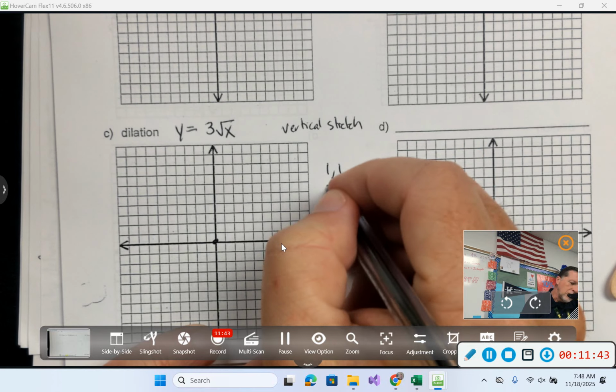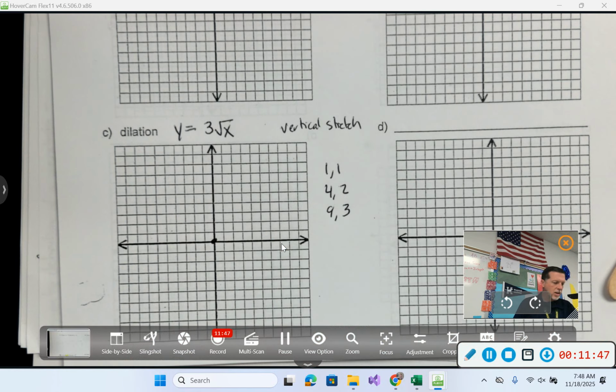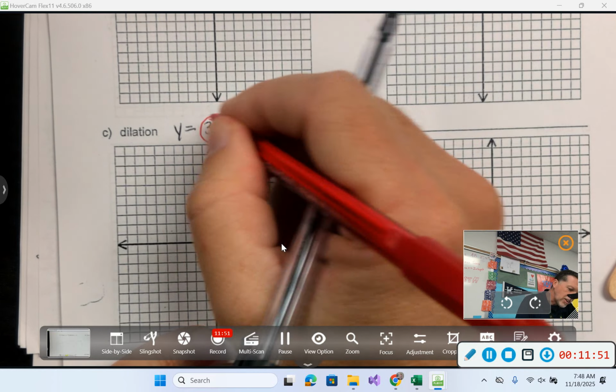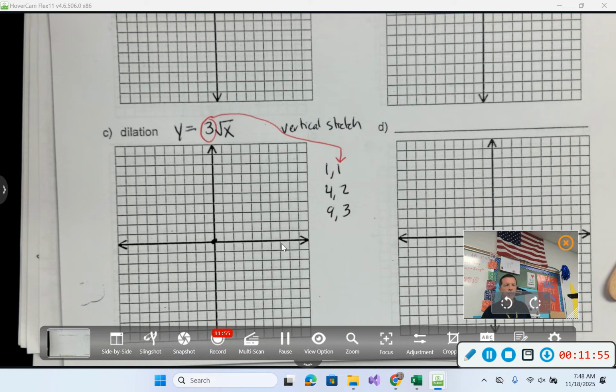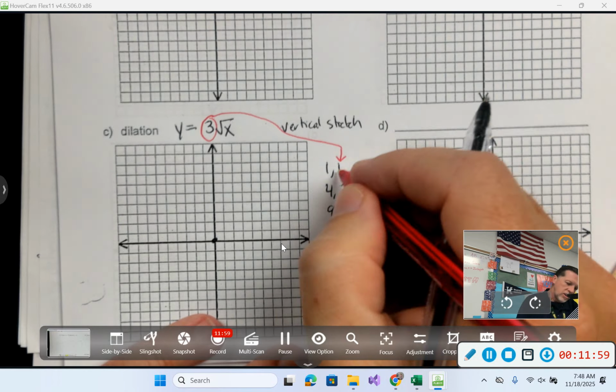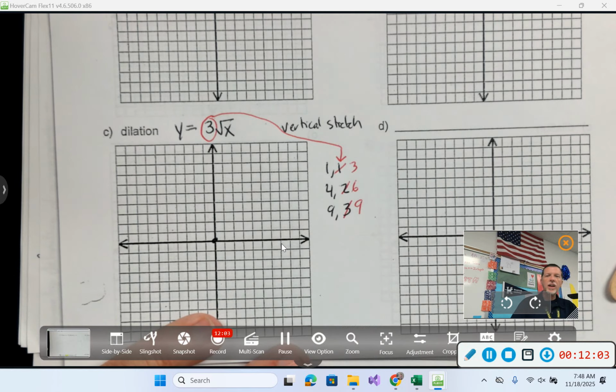So normally 1, 1, 4, 2, 9, 3. But because of that stretch, we multiply our y values. All right, we always multiply the y values to accomplish the vertical stretch. So 3, 6, and 9.